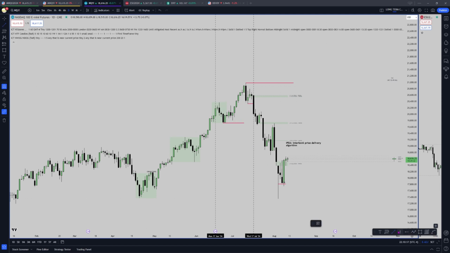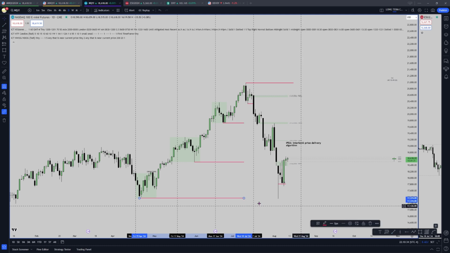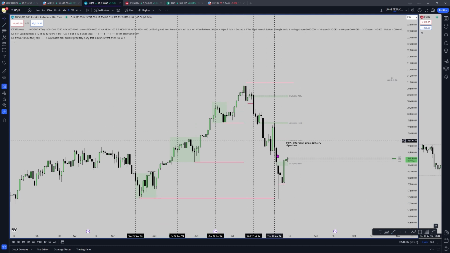Then you look back another 20 days to May 17th and you have these lows down here. This was your IPDA 40-day. And then you look back another 20 days until you reach your original consolidation and you have your IPDA 60 lows. That's why we had such a violent push to the downside, because price was in a rush to get to its original consolidation.